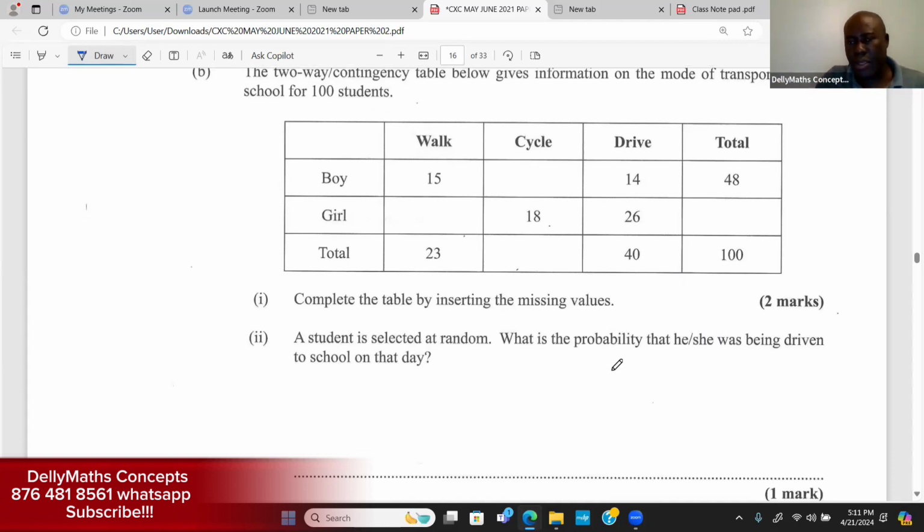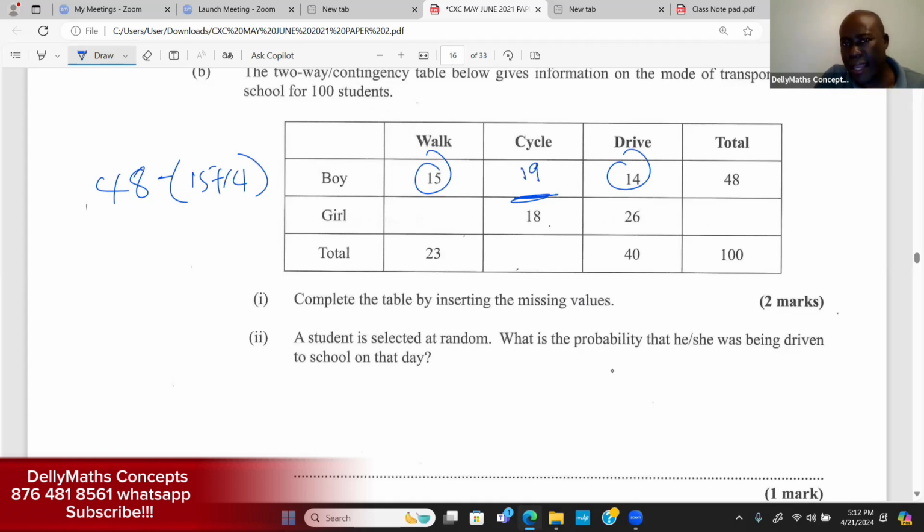We're just going to do regular computation. What number could this be such that when you add this and this, you get 48? So 48 minus 15 plus 14, which is 29. So 48 minus 29 is going to give you 19. So that missing value here is 19.